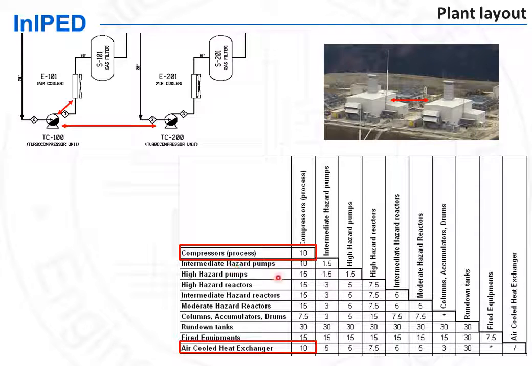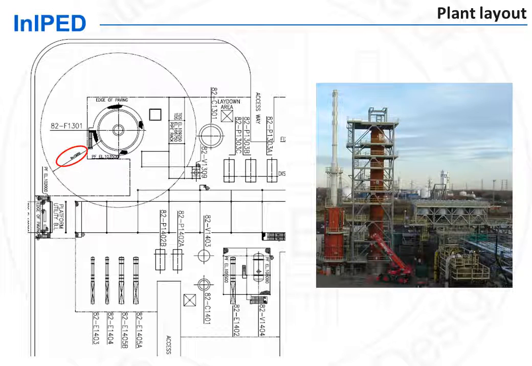A separation distance is kept between these two high-risk equipment as per the combination of hazard level. For example, a distance of 15 meters will be provided between a high hazard reactor and a flammable gas compressor. A separation distance is also naturally kept between an open flame furnace and the rest of the facility.